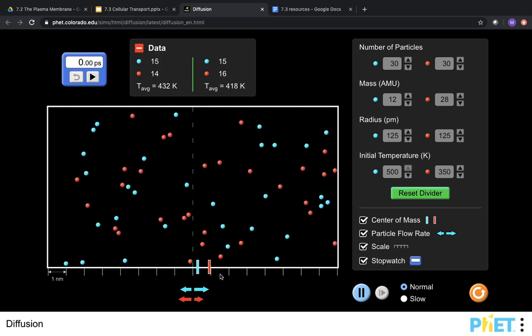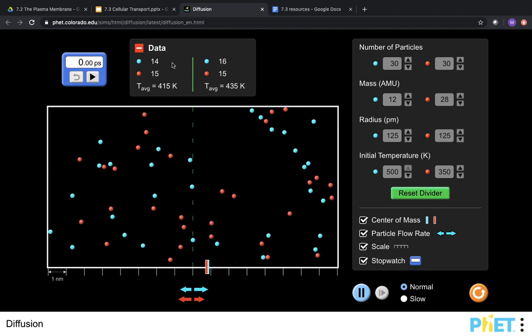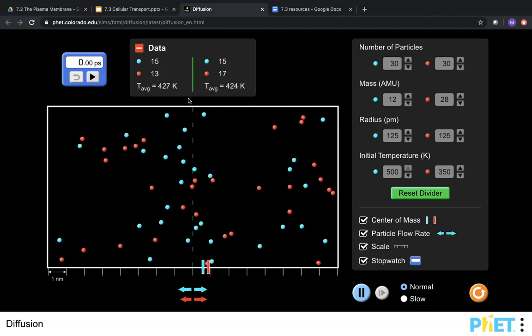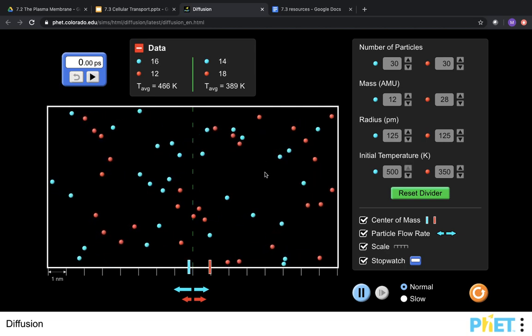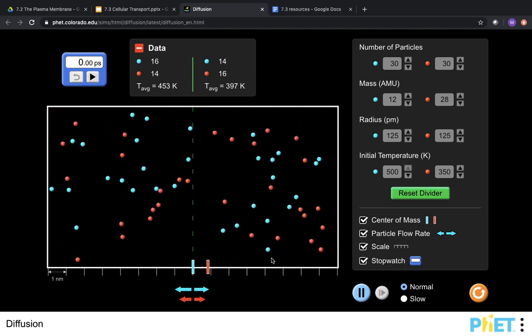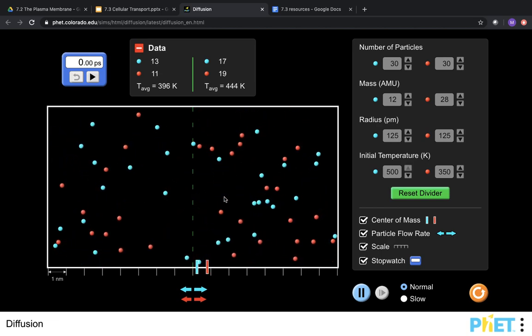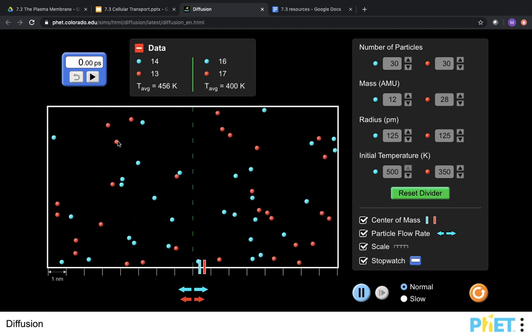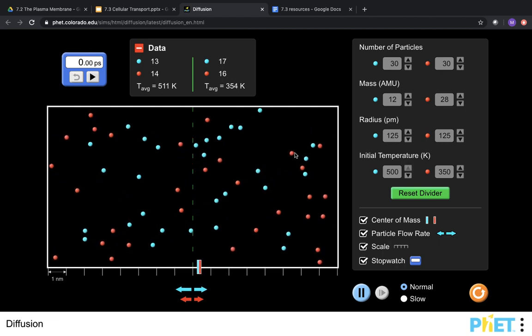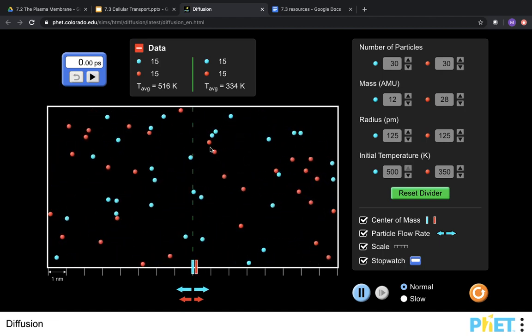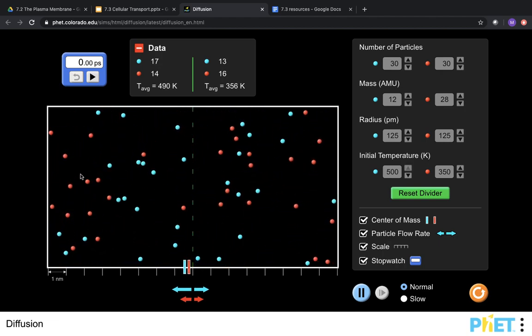And almost there. See, we're almost perfectly at equilibrium, but as you can see, even though now they are pretty much evenly spread throughout the entire container, they haven't stopped moving. But that doesn't mean that all the red ones are going to move back towards this area and all the blue ones are going to move back here. That's never going to happen.